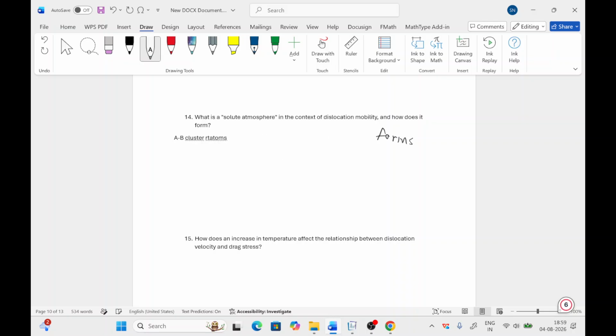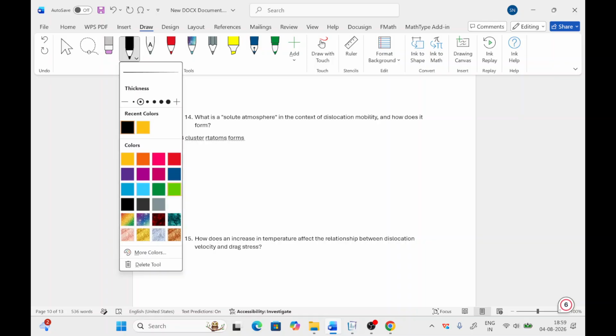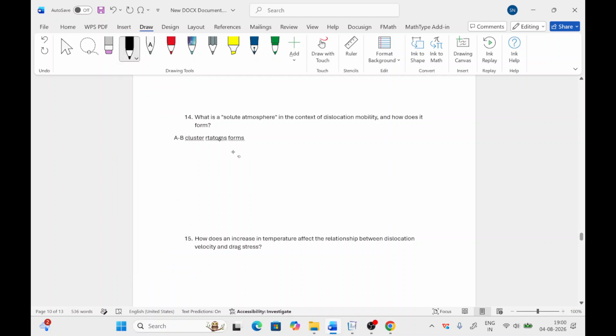And so because of this cluster formation, the cluster will go to the dislocation core and sits there.